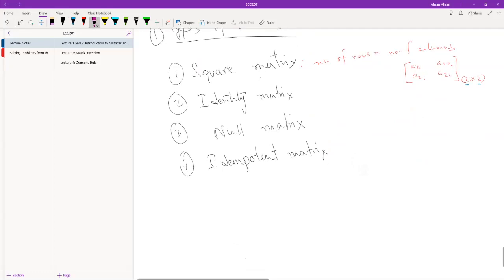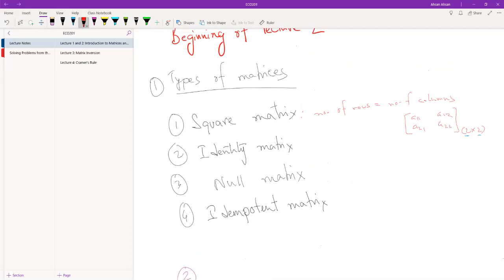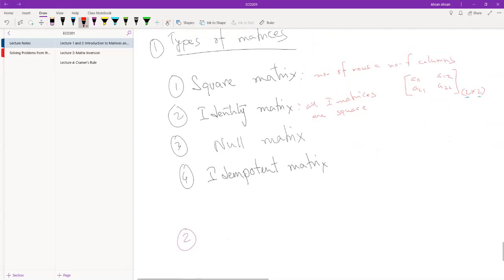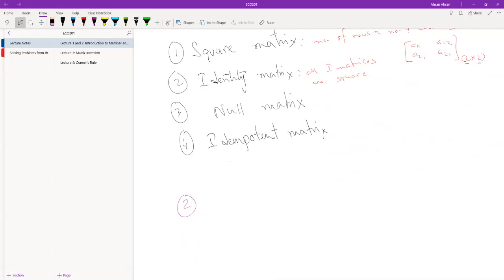Okay, so from there, let's go to the identity matrix. First thing is that all identity matrices, I'll just write an I, are square. So an identity matrix must be a 2x2 matrix, or a 3x3 matrix, or a 4x4 matrix.